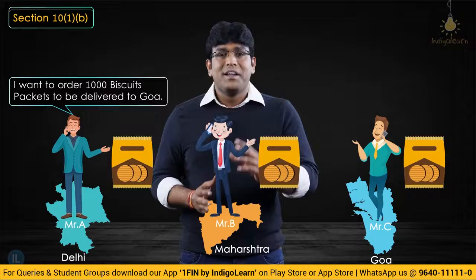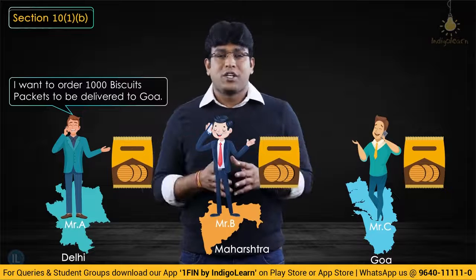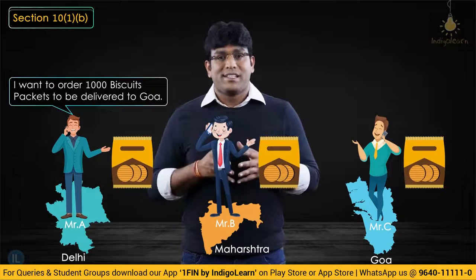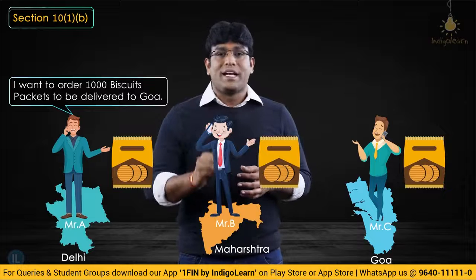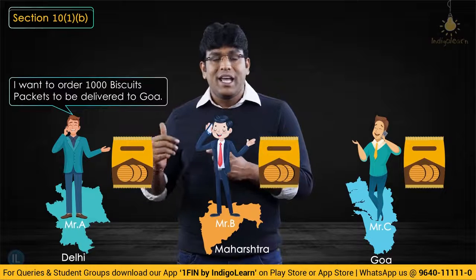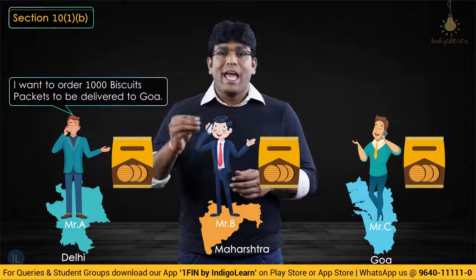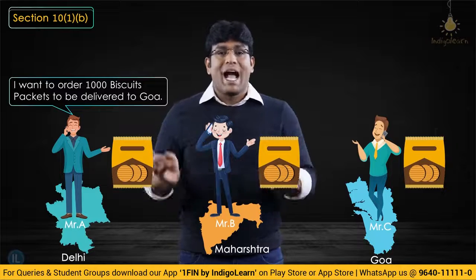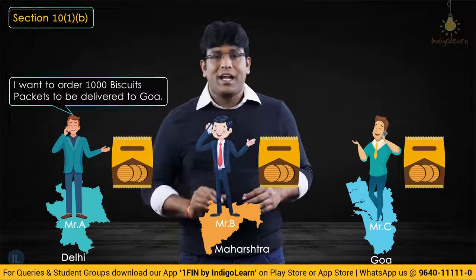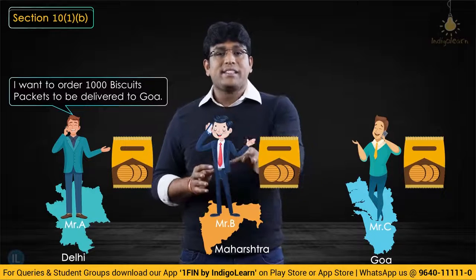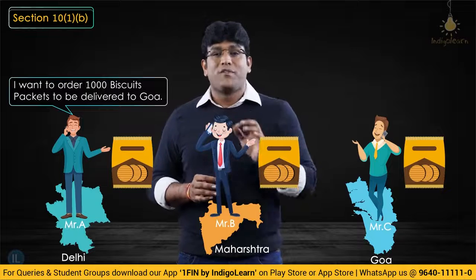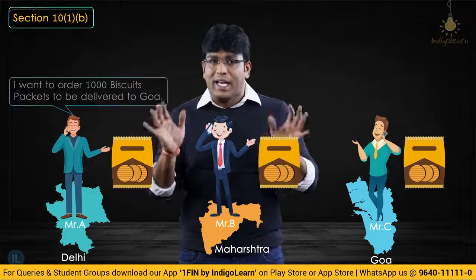This is basically to avoid transportation cost. There is no logic in goods being sent from Maharashtra to Delhi, and again from Delhi to Goa. That's ridiculous. So A instructed B to directly send the biscuits to Mr. C of Goa, not to Delhi.